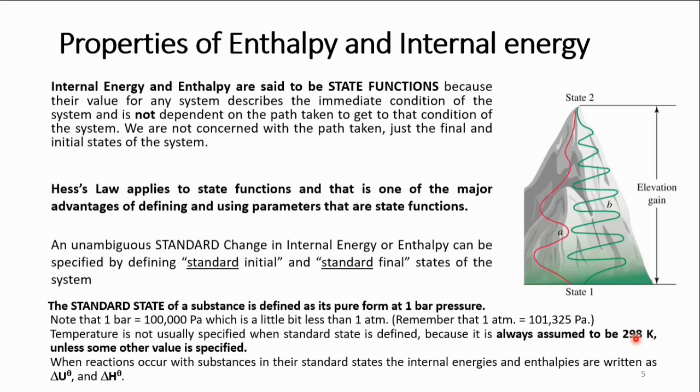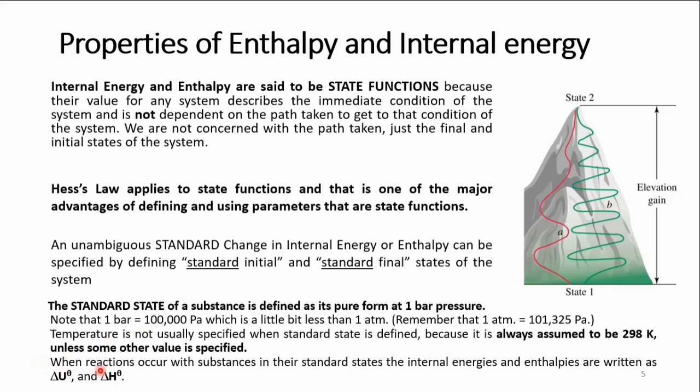Remember, 1 bar pressure is 100,000 pascals, which is a little bit smaller than 1 atmosphere, because 1 atmosphere is 101,325 pascals, but 1 bar is 100,000 pascals. So when you say that something is in its standard state, it means that substance is in its purest form and under conditions of 298 Kelvin and 1 bar of pressure.